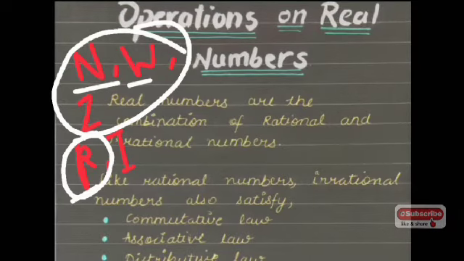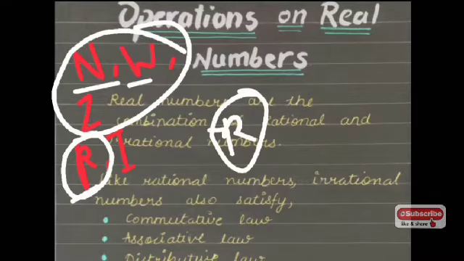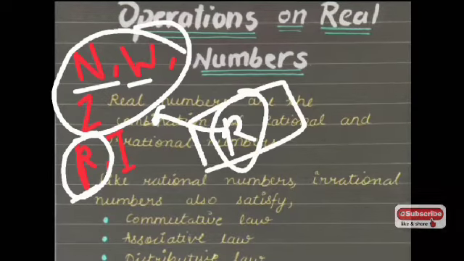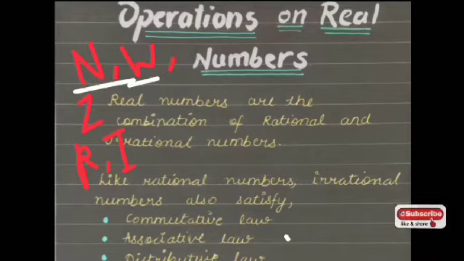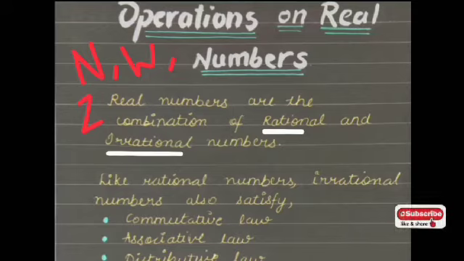Rational numbers include all of them, so we do not need to specify them separately. What is left out is just the irrational numbers. So real numbers are the combination of rational and irrational numbers.